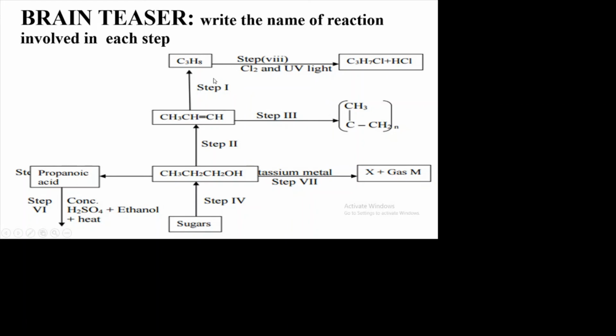What type of reaction occurs here? We have the propane. Then when you add chlorine under UV light, it gives chloropropane plus hydrochloric acid. What type of reaction is it? And so on and so forth. You have to do that and send it to me through Google Classroom.